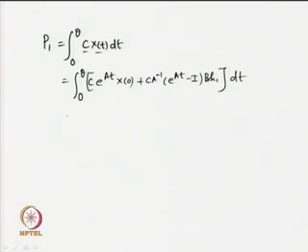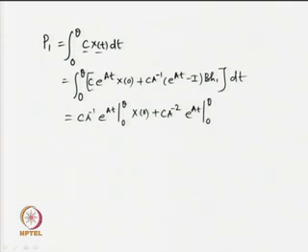Now, when I start integrating this, I will find the expression c a inverse e to the power a t with limits 0 to theta with the multiplier x0. Again, for the second part, it will be c a to the power minus 2 e to the power a t with the limits 0 to theta. Then the remaining part will have the expression minus c a inverse integral from 0 to theta of t dt.